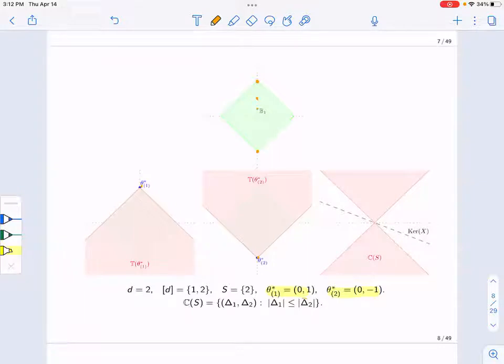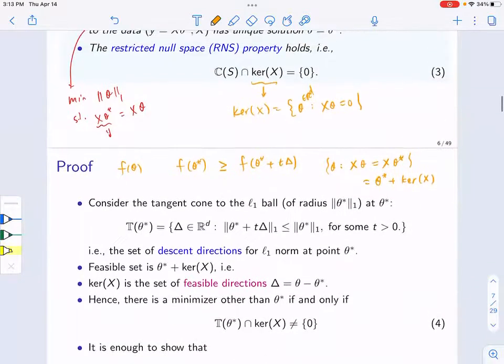What is the tangent cone in that case? So I'm talking about this.